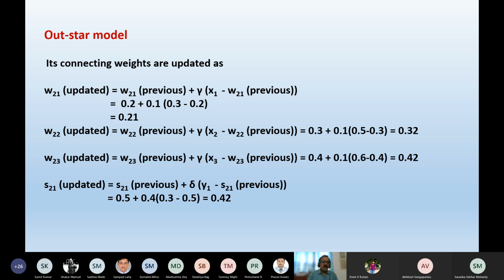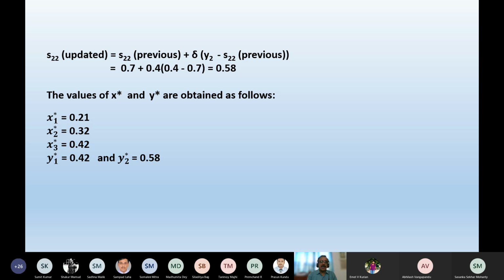Similarly, I can find out W22 updated, W23 updated, S21 updated, and then comes your S22 updated. And once you've got all such updated connecting weights, now we can take the decision that if x1 star is 0.21, x2 star is 0.32.